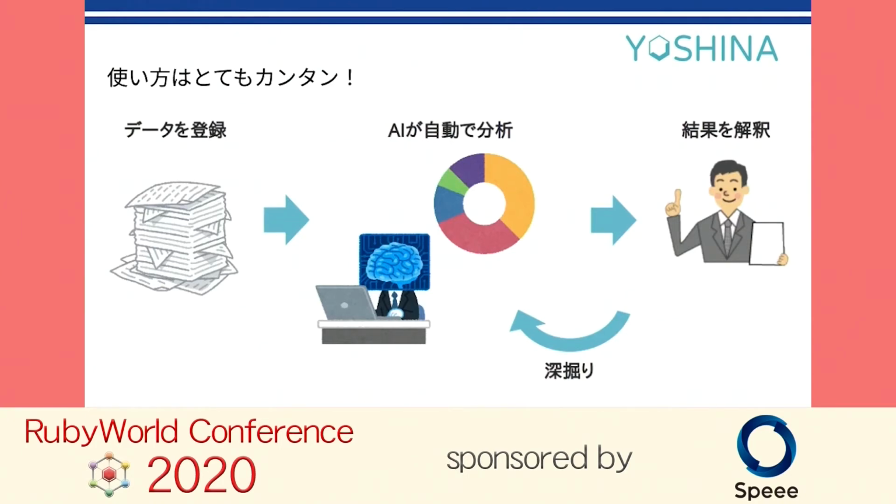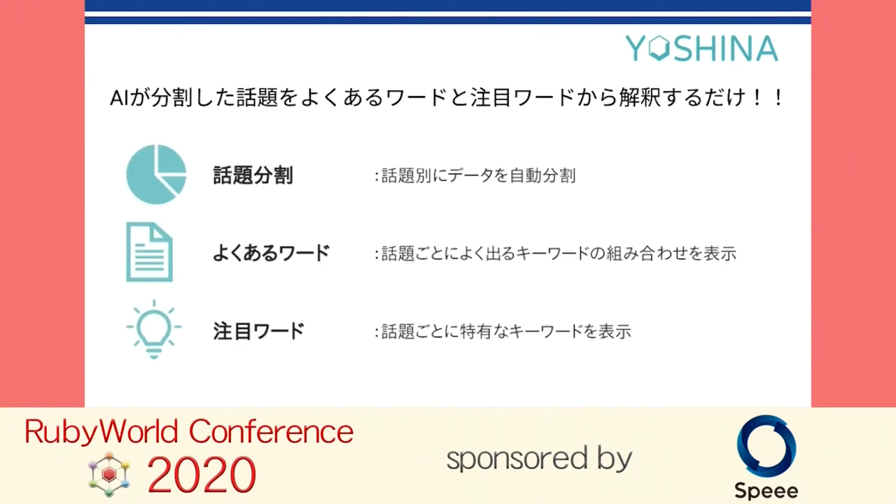So it is the iteration of data analysis and interpretation by humans. These three simple steps enable this, and that is an important feature of Yoshina. So, how Yoshina analyzes the data and how humans interpret it is the next part I'd like to talk about.